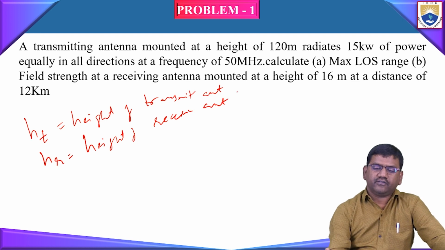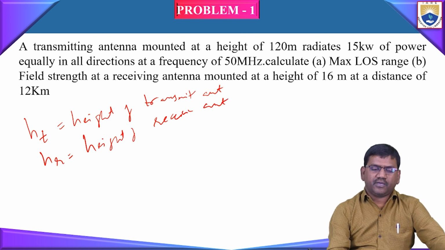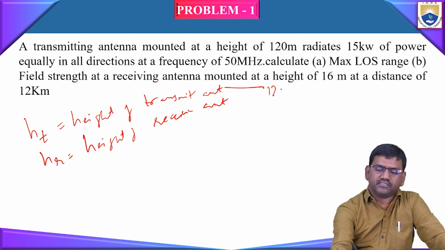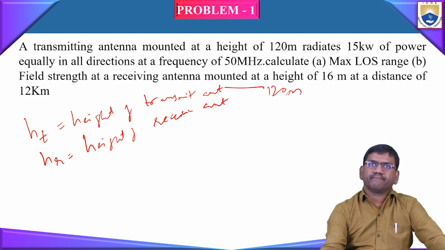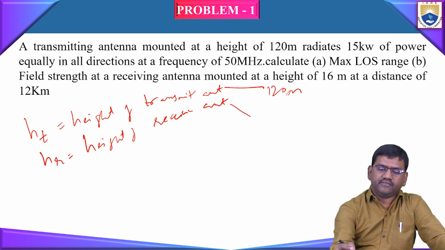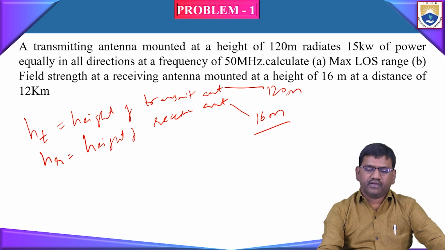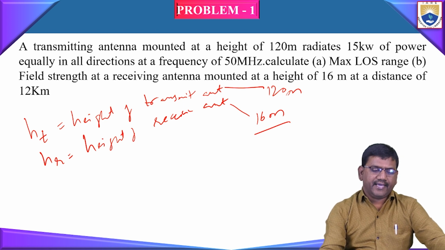As shown in the problem, HT, the height of the transmitting antenna, is 120 meters, and the height of the receiving antenna HR is 16 meters.